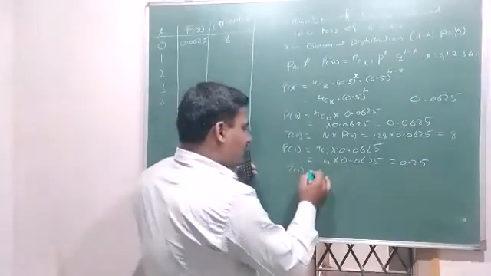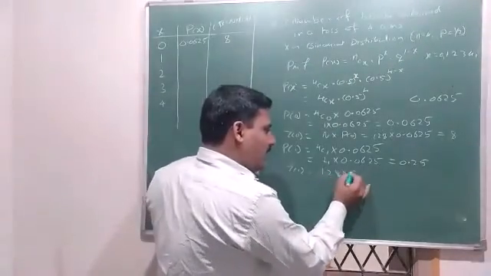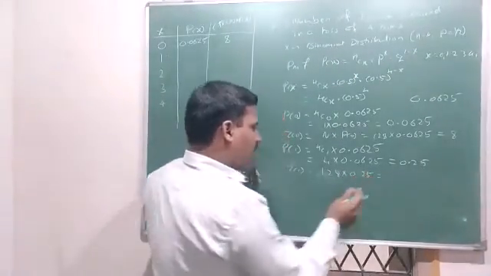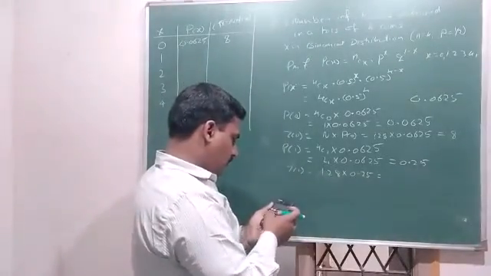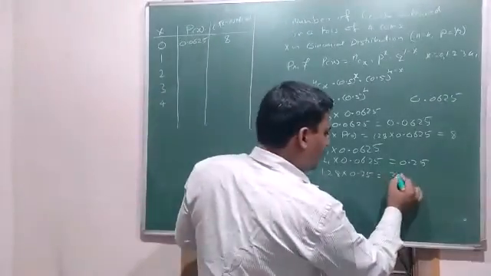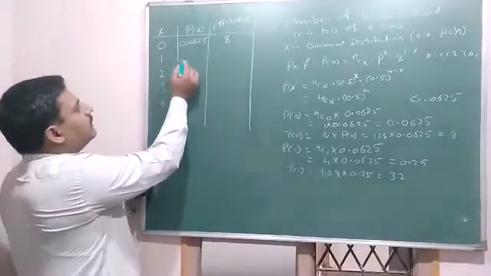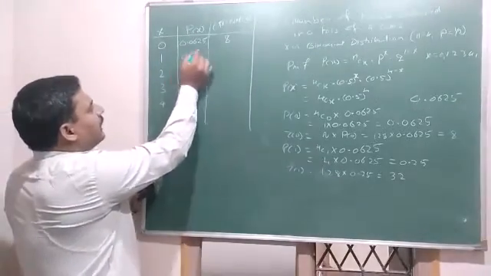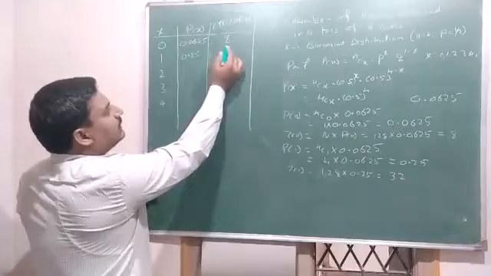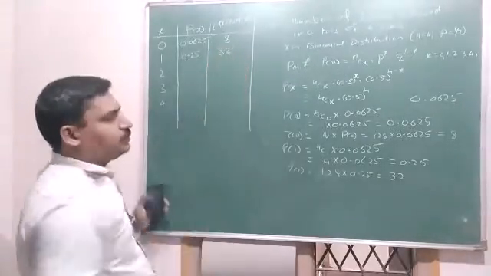So T of 1 is equal to 128 into 0.25, which is 32. So the second probability is 0.25 and the theoretical frequency is 32.